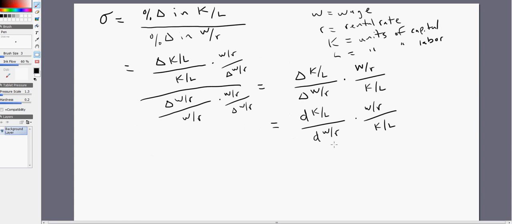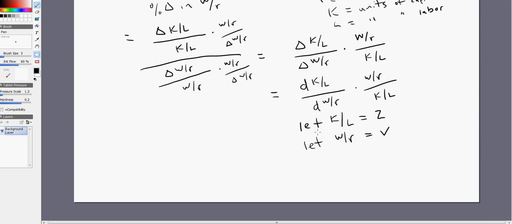And one thing that'll be useful in actually estimating or calculating this elasticity of substitution is to let the capital labor ratio, K divided by L, equal Z, and then let's also let the wage to rental ratio equal V. So making our substitutions into this above equation, the elasticity of substitution will simplify down to this simpler expression.